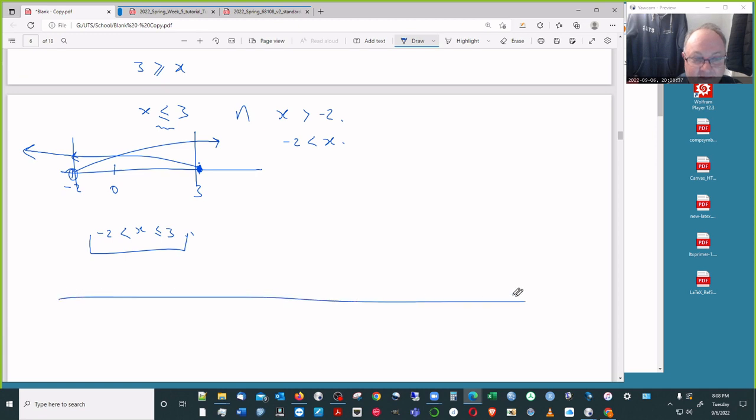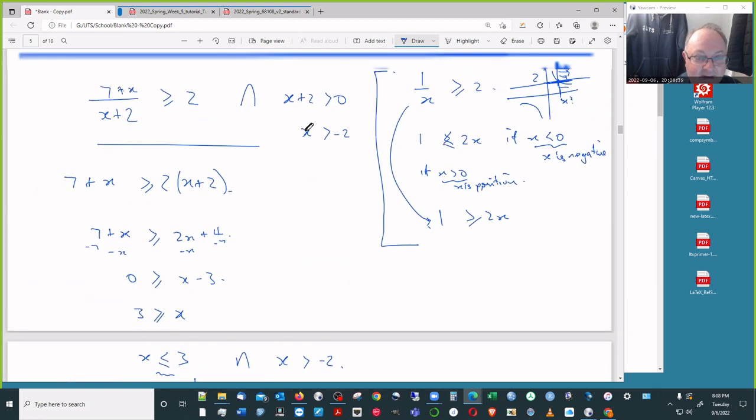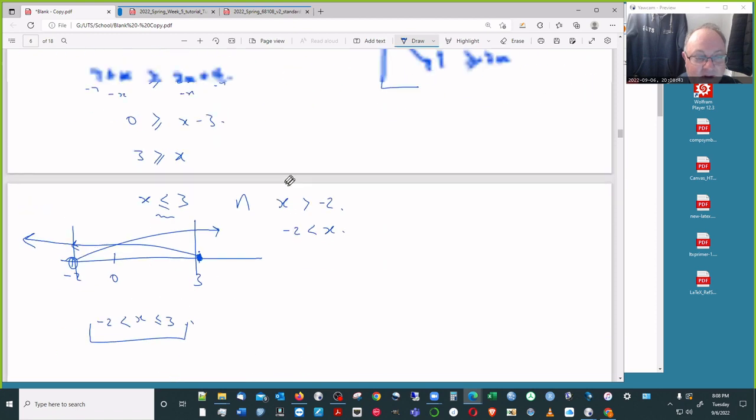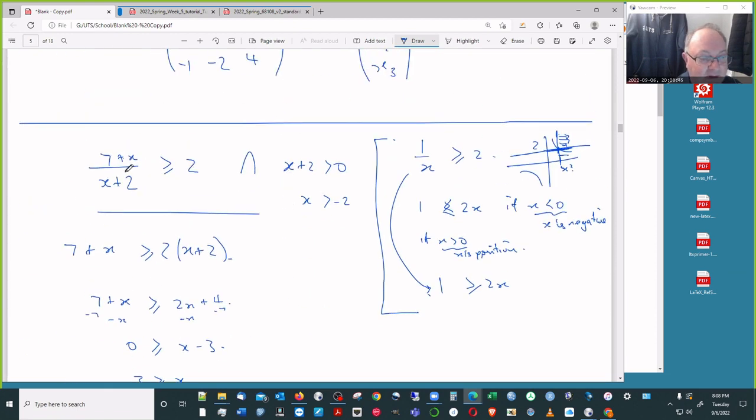And I did test it to see if it was positive, and assumed that it was positive. It took the intersection, and so you can put those on technology as well.